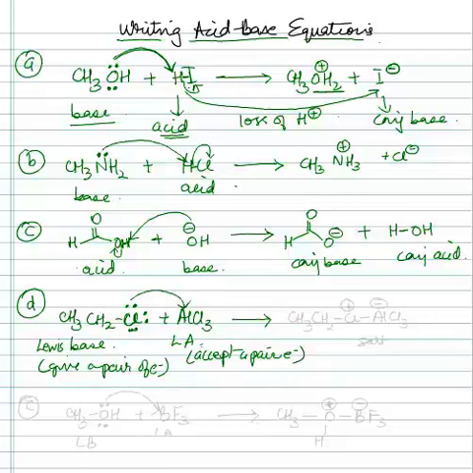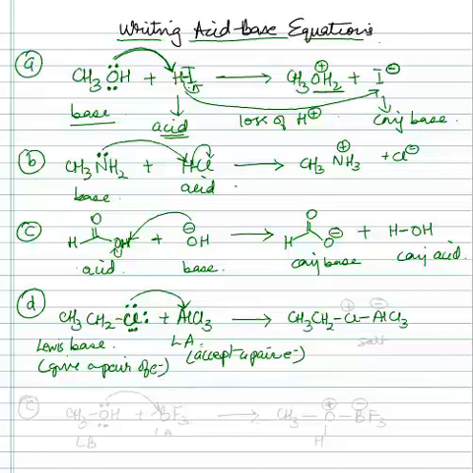Please be very careful how you draw your arrow. It should come to the aluminum. Whether you take it to the side or to the top, that's up to you; that doesn't matter. Then the product would be CH3CH2, and we still have the chlorine over here, but now it has formed a bond with aluminum, which still has the 3 chlorines on it.